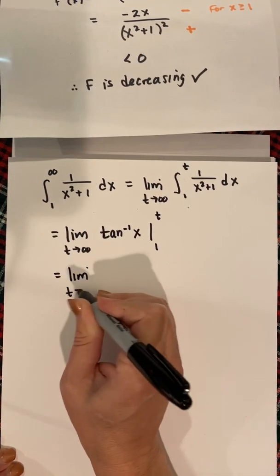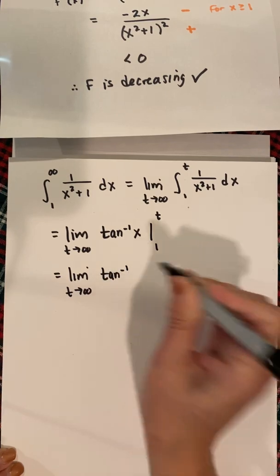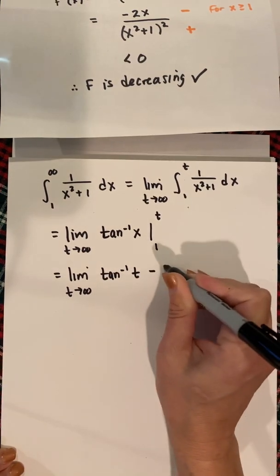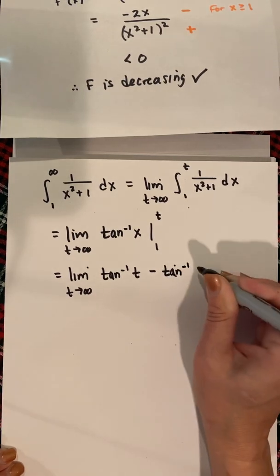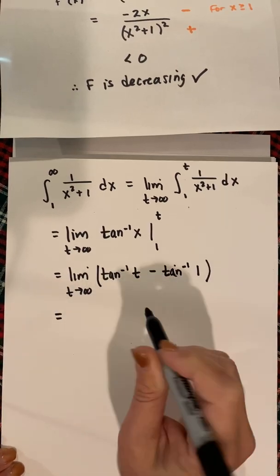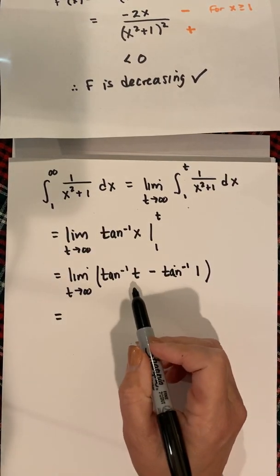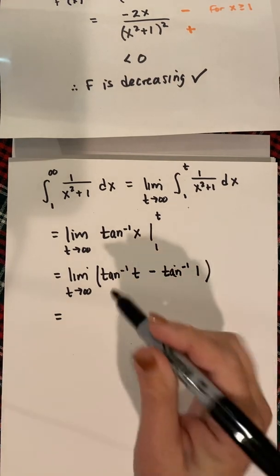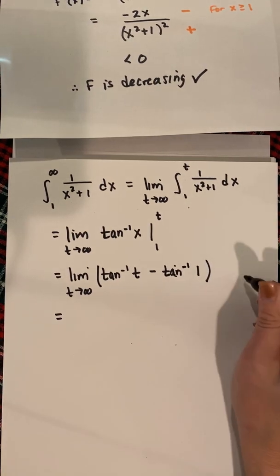And the limit as t goes to infinity of the inverse tangent of t minus the inverse tangent of 1. And as t goes to infinity, how does the inverse tangent of t behave? Well, if you remember, the tangent is defined between negative pi over 2 and pi over 2.